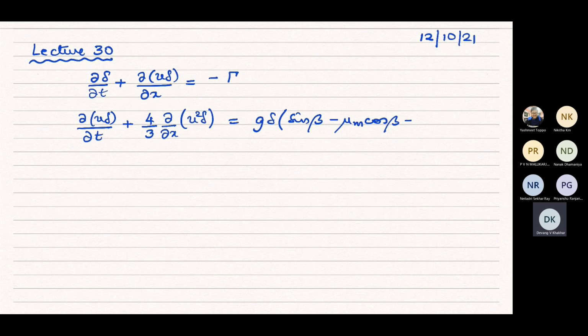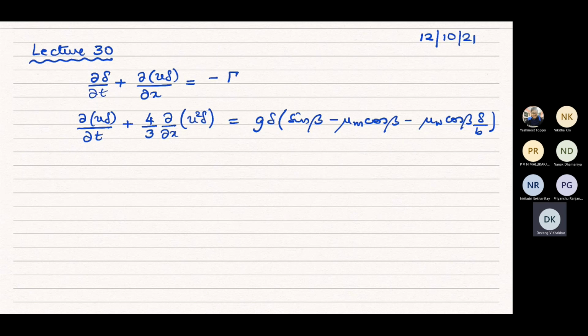Is there a factor of 2 missing somewhere here? No, this is correct. So then you just get mu w cos beta into delta by b.